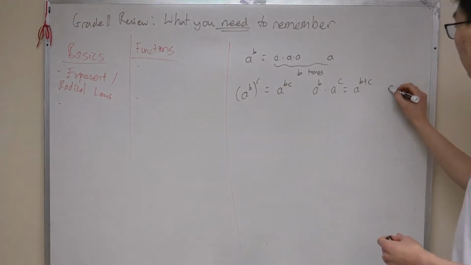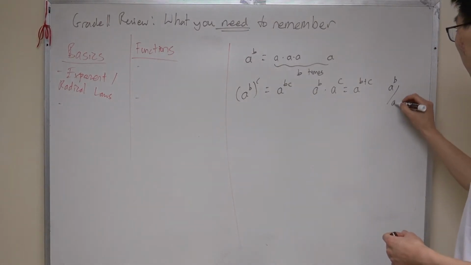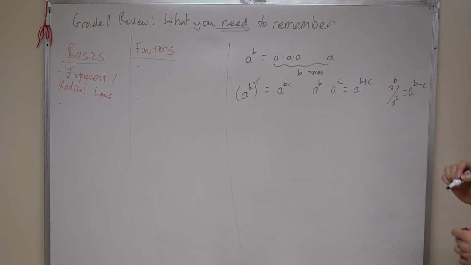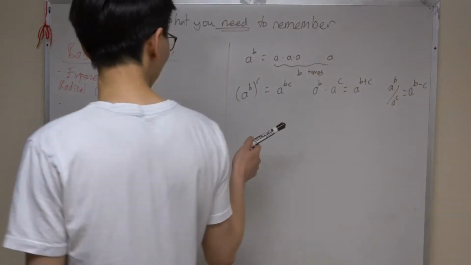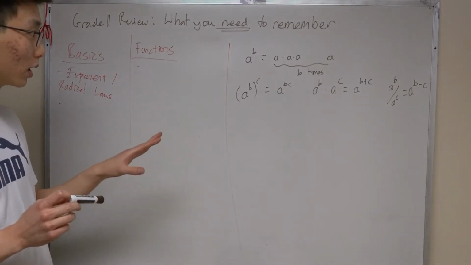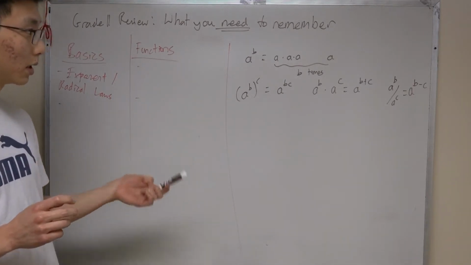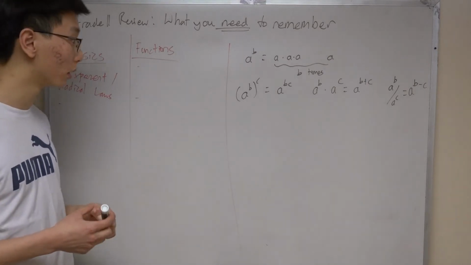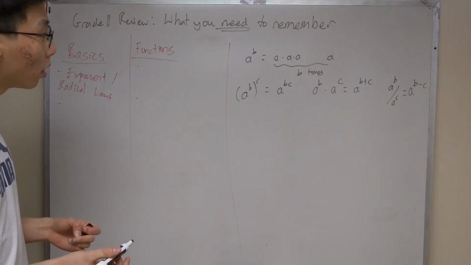And the last one is a^b divided by a^c is equal to a^(b-c). Okay? If this is at all unfamiliar, you really need to let me know, and we need to go over this very quickly, because this is going to become sort of second nature by the time this course is over.